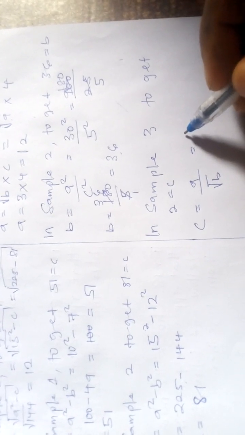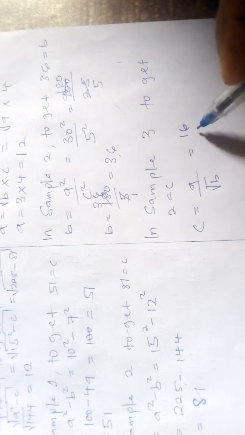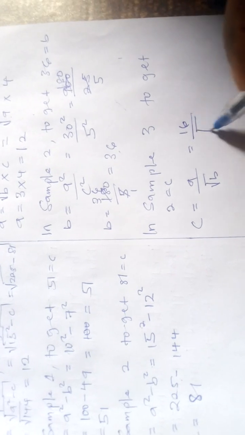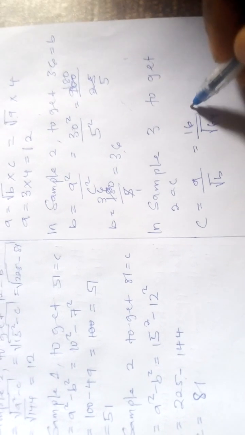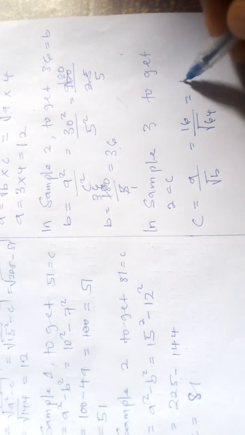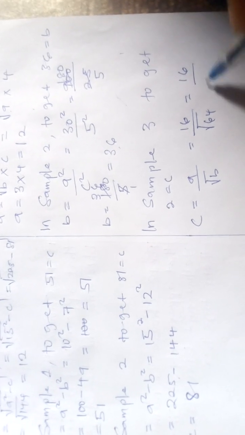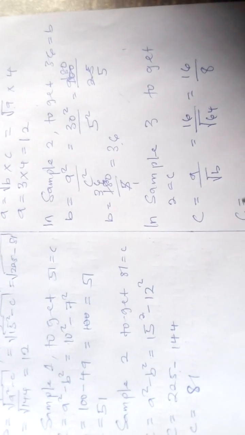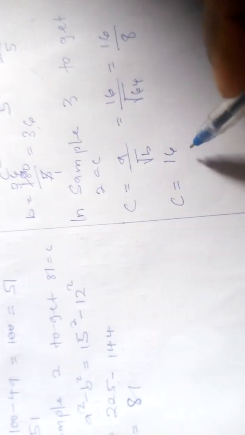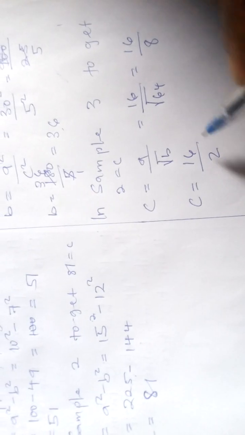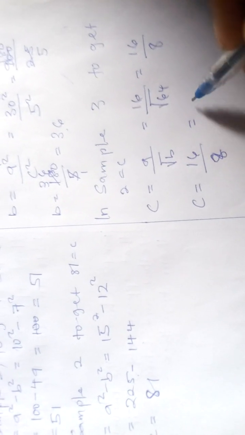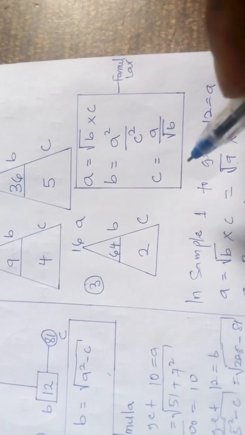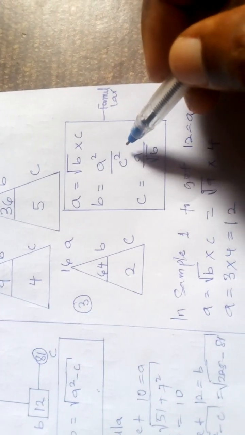A is 16. All right, and then what is on our B? Our B is 64. So that means we have 16 divided by the square root of 64, which is what? 8. And C is equal to 16 all over 8, which is what? 2.